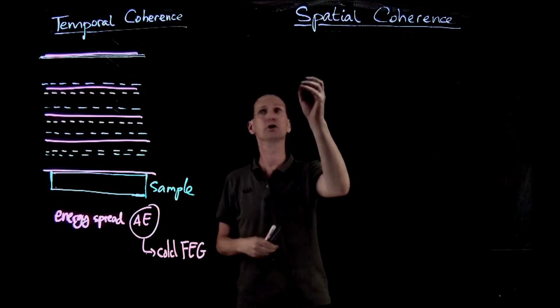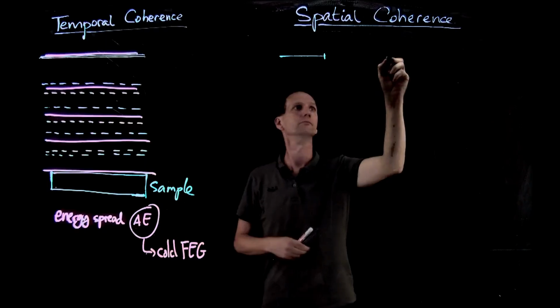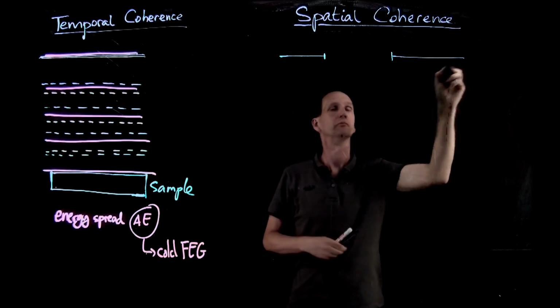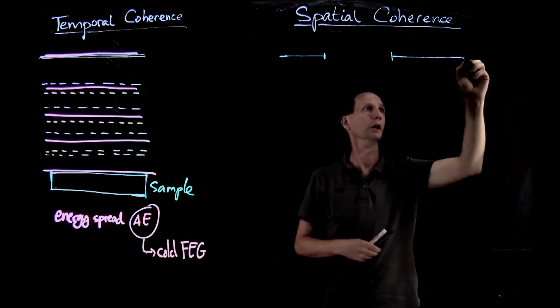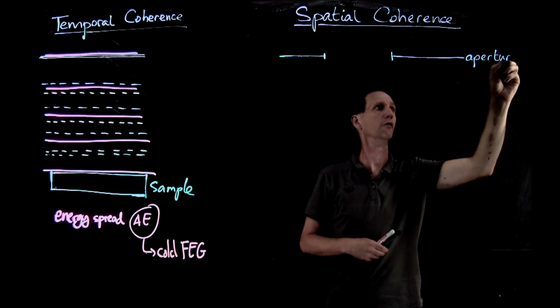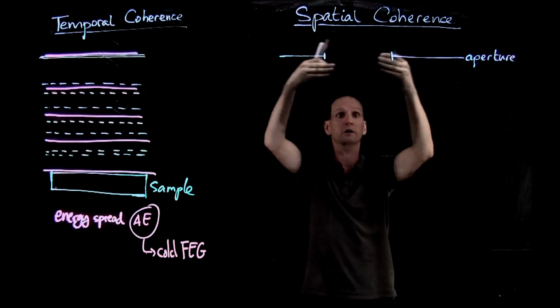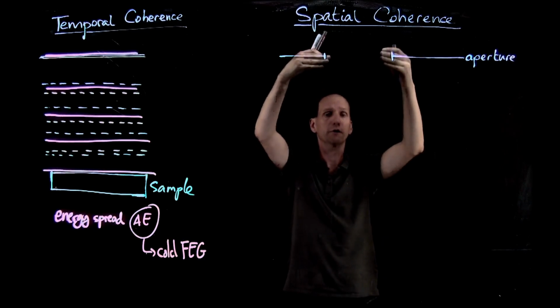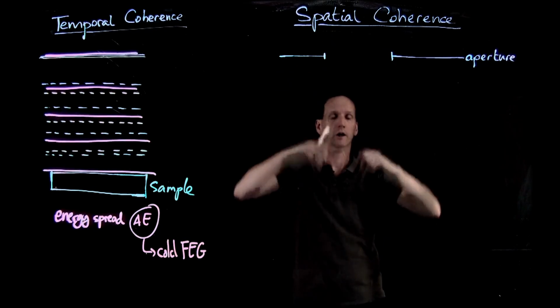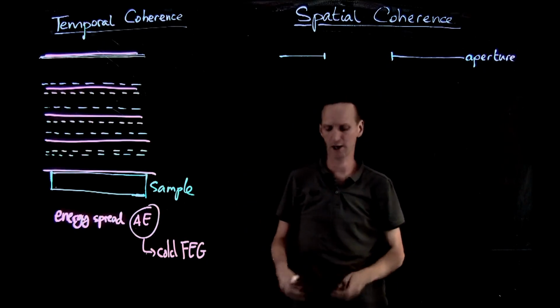And this can be an aperture, so let's draw an aperture here. But this aperture can also be the source or the virtual source from which the electron originates. It can also be the sample, where different parts of the sample transmit the beam towards the projection part of the lens.